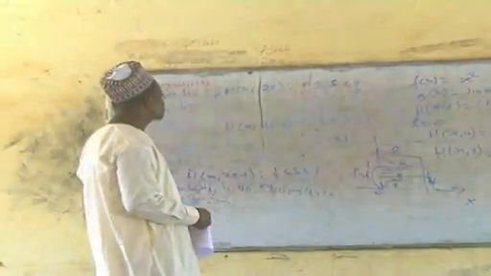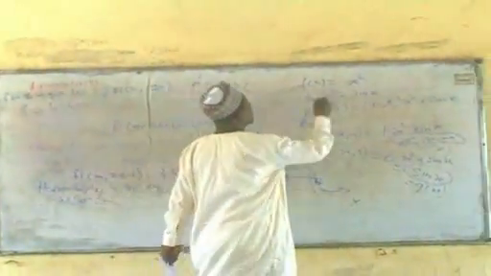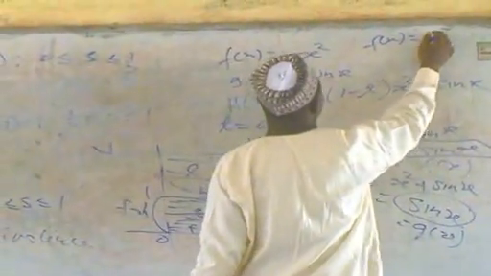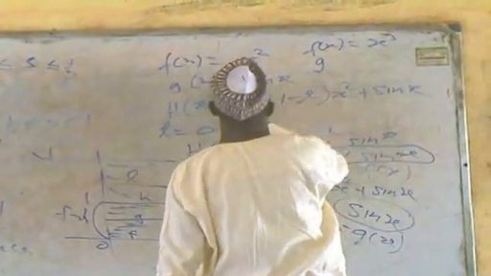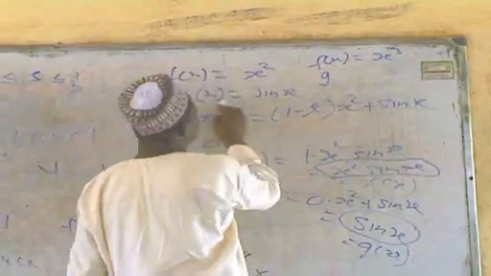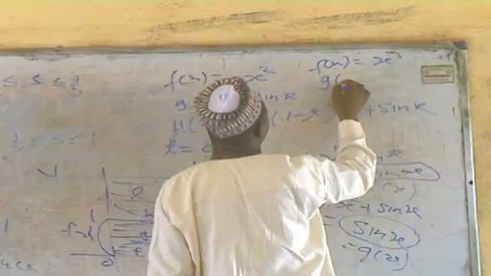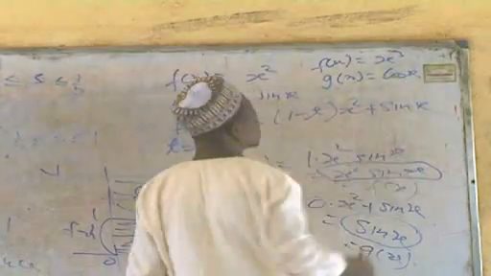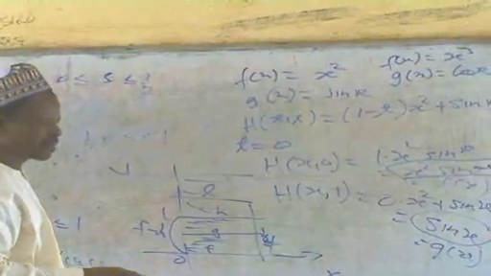You can have different ones, you can change this. What about cos x? Supposing f of x is x cubed and g of x is cos x. Do the same.